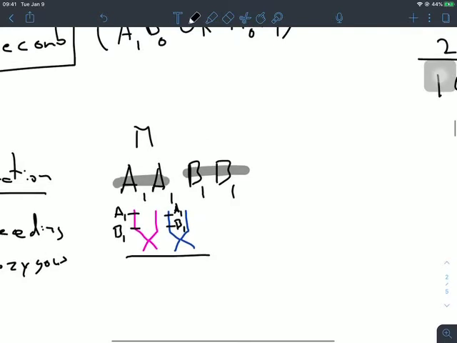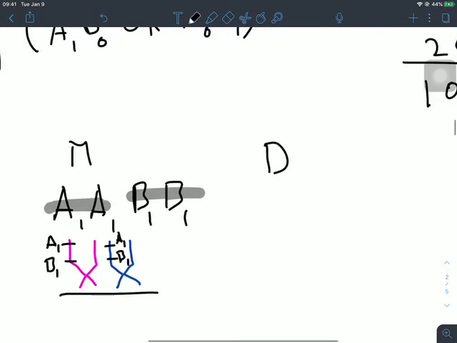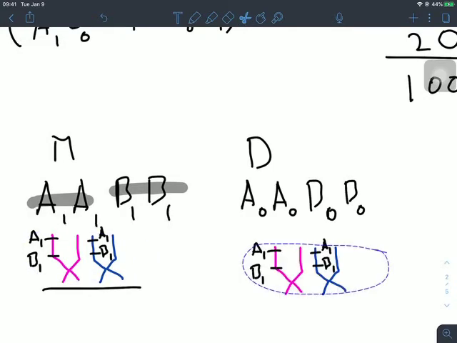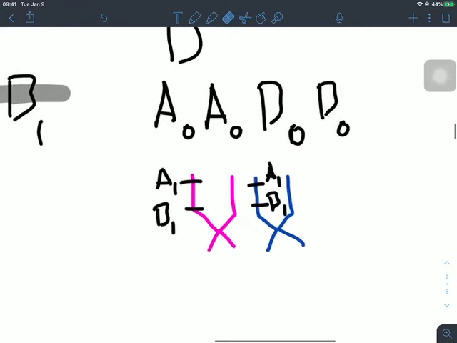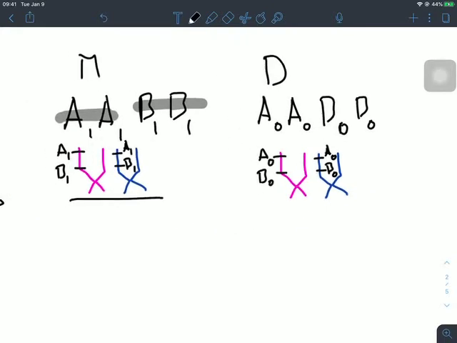Now you are frequently going to be taking this mom and crossing her with a homozygous dad of the other allele. Because in this case, where you have all homozygous at all four of these on dad, you are also going to get obligatorily A0 linked to B0 and A0 linked to B0.